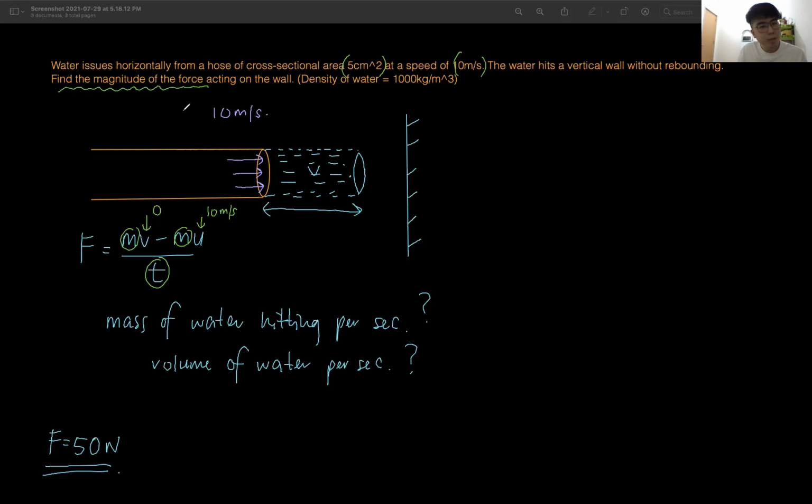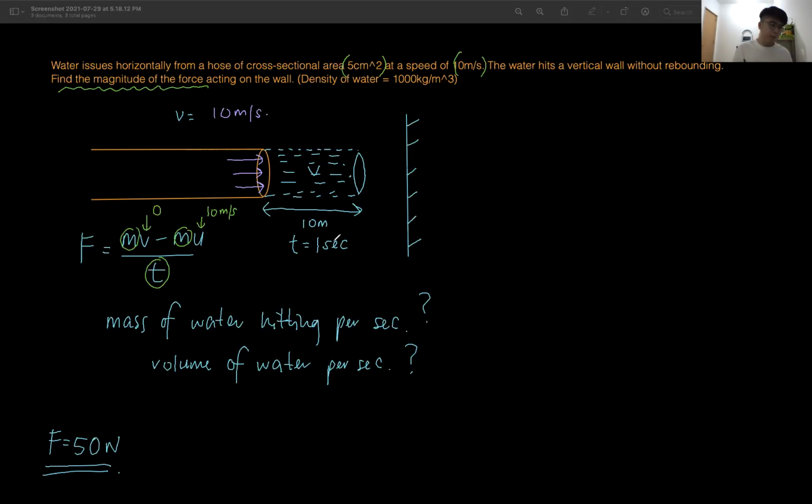The speed of the water is 10 meters per second, meaning that every second it moves 10 meters. So in 1 second, the length here would be 10 meters. We are restricting the time to 1 second.